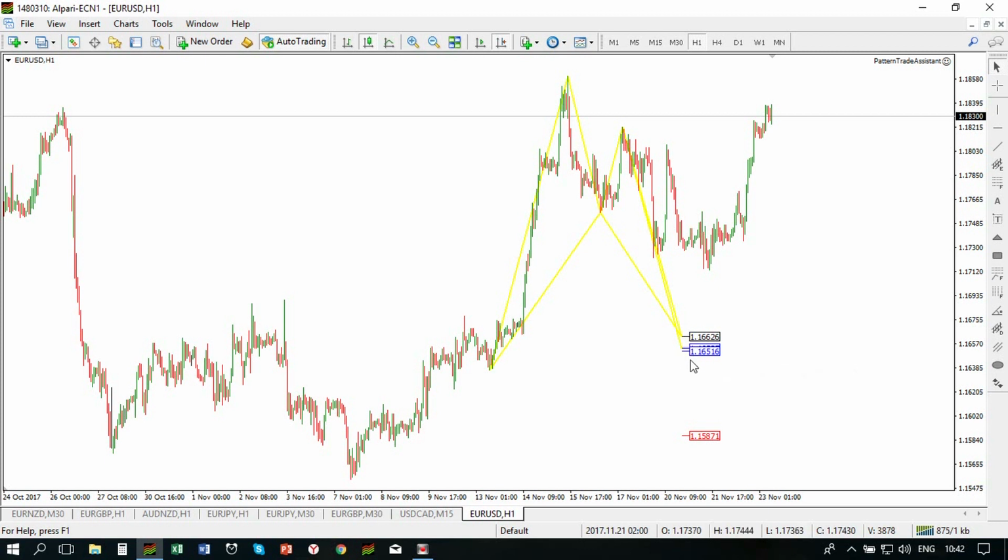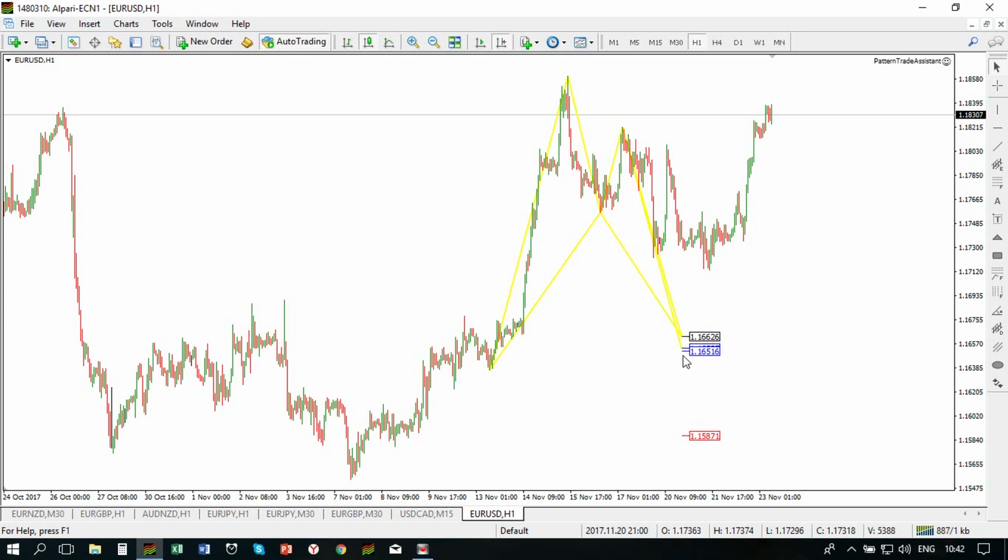And only after that happens, you are to look for price rejecting that level. You are to look for price that goes back, starting the movement to the upside.